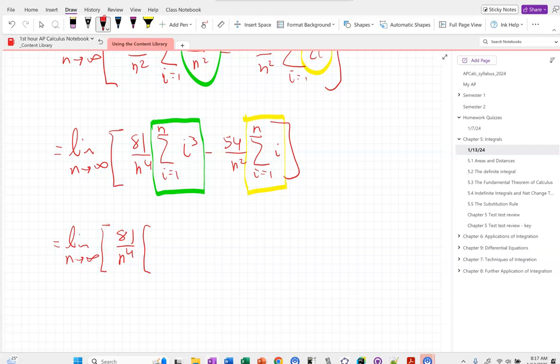So the sum of i cubed is this, and the sum of i is this.